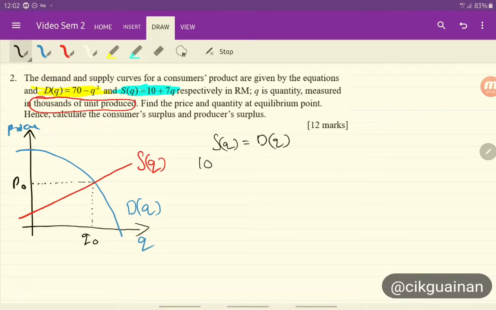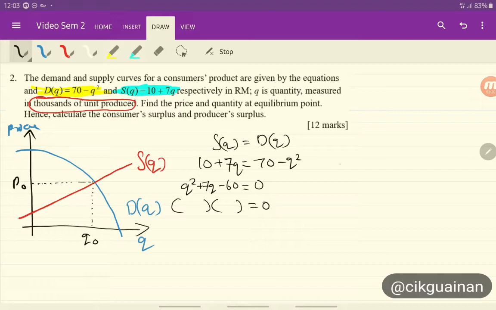So 10 plus 7Q equals 70 minus Q squared, and then Q squared plus 7Q plus 10 minus 70, right? So this one we can solve as a quadratic.